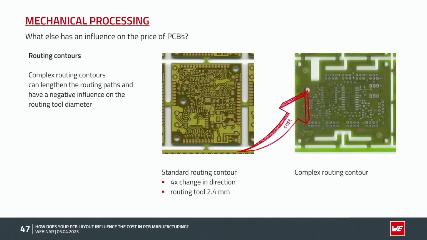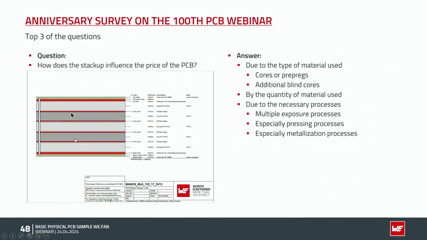Compared to this really complex milling contour, here we need around 30 changes in direction and a high routing time, and the need of a smaller tool with 1.8 millimeters. So difficult outlines and shapes have a huge impact on the price for the milling process finally.